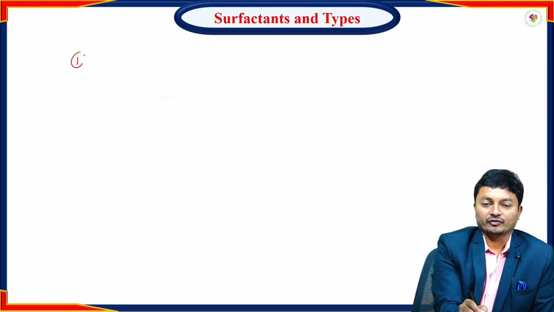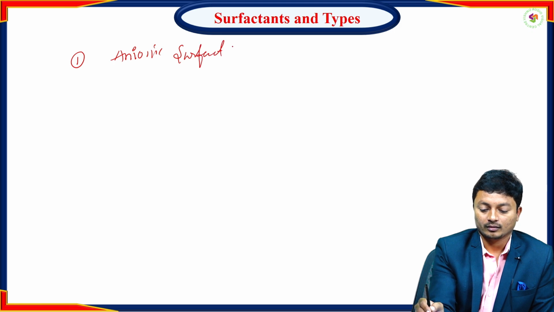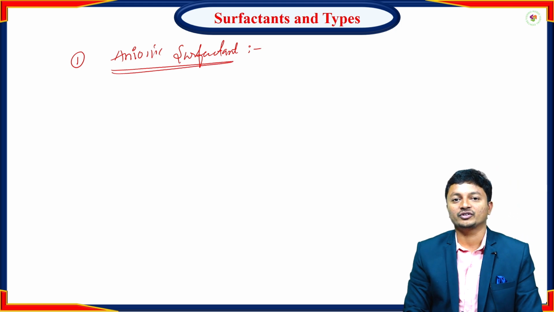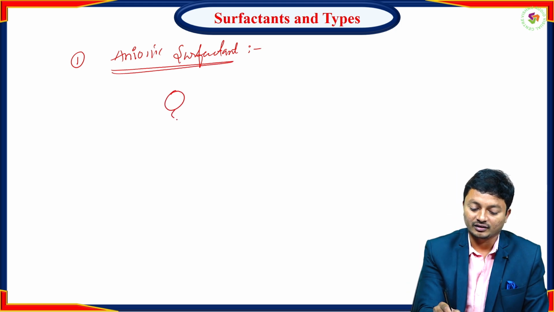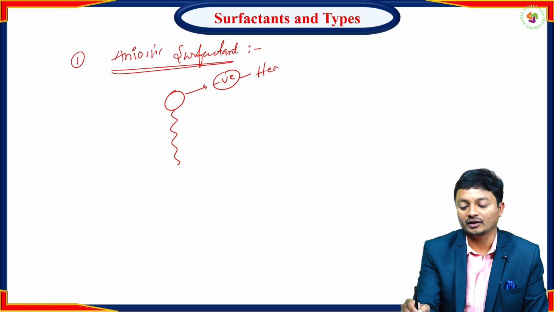The first type is anionic surfactants. These are surfactants which contain negative charges in the head portion, and are known as anionic surfactants.